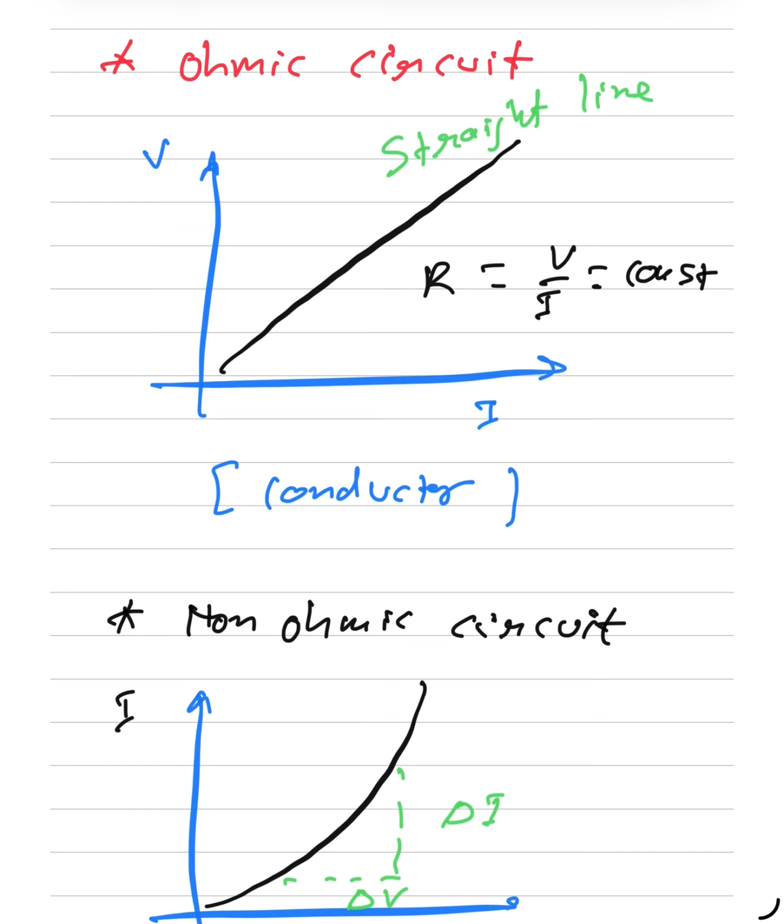This is the first video lecture about current electricity. You are most welcome here, and we discuss each and every concept from the NTA point of view for the JEE exam, JEE Mains, NEET, and also the board exam.